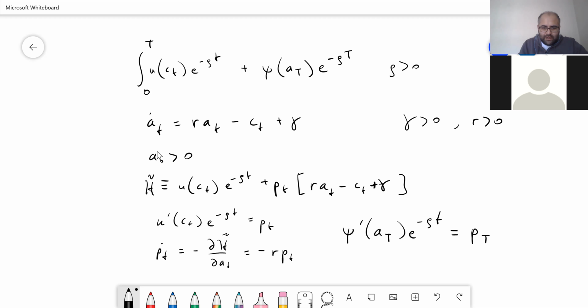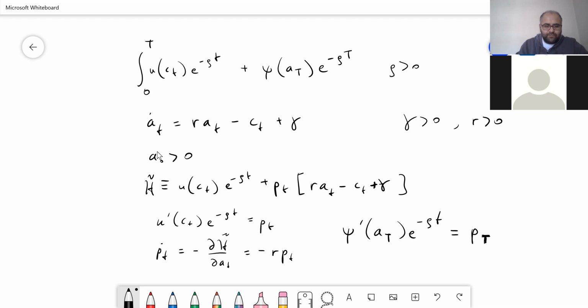Well, as long as the asset stock transforms itself into utility, then I decrease the value of it. Okay, that was the interpretation. So according to this interpretation, the marginal cost of not consuming it must be equal to that. All right? So we have these equations.